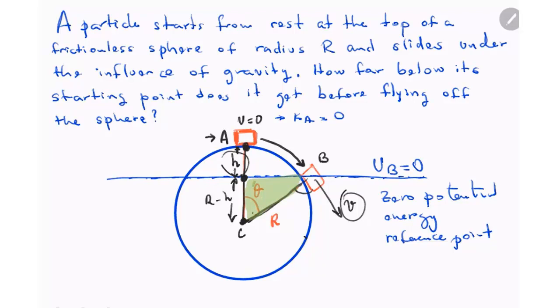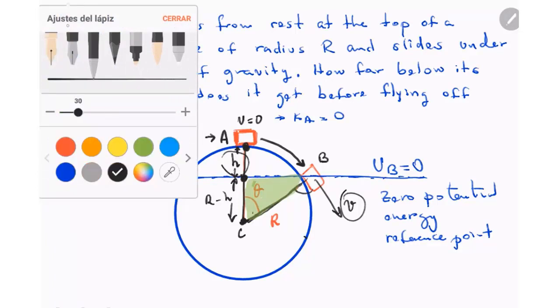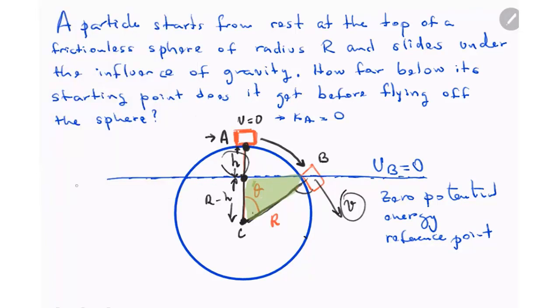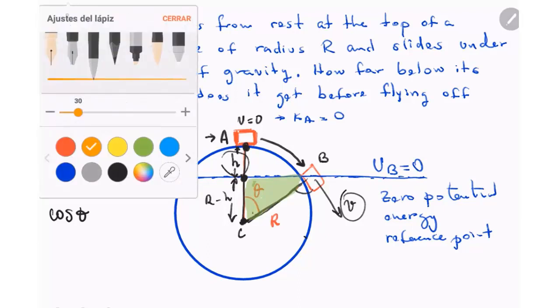By definition, we see that the cosine of theta, by the geometry of the problem, is the ratio of the adjacent side to the hypotenuse. What is the adjacent side? The adjacent side is this.